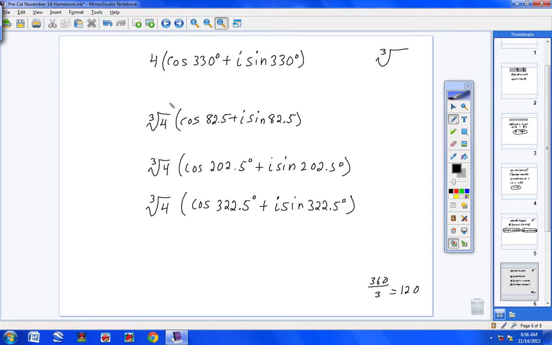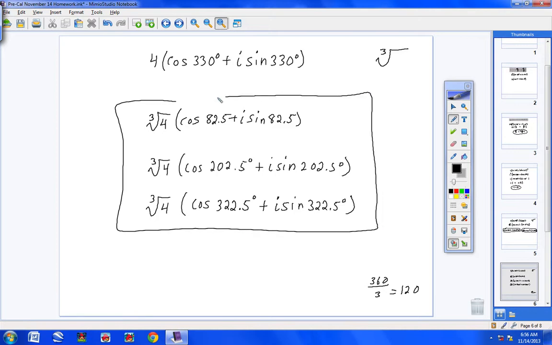Okay, so there's your 3 answers. I knew that I had 3 answers because I was asked to find the cubed root. I knew that I was adding 120 degrees because you always take 360 and divide it by whatever the index is. And of course, I knew that I had cube root of 4 because you always take whatever root you're finding, you take the root of that hypotenuse, or of the outside number, however you want to say that.